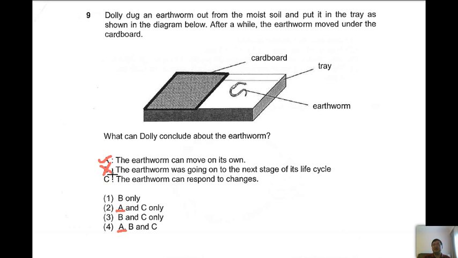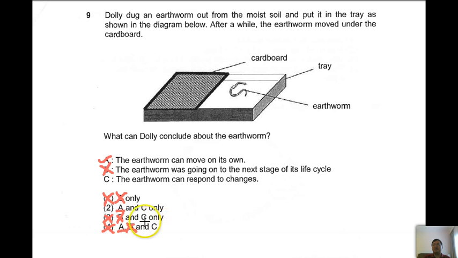So if B is totally out, we must know that any answers with B are wrong, very wrong. So this is not the answer. I can cross this safely. This is not the answer. This is not the answer, and the last one is not the answer. Can you see?